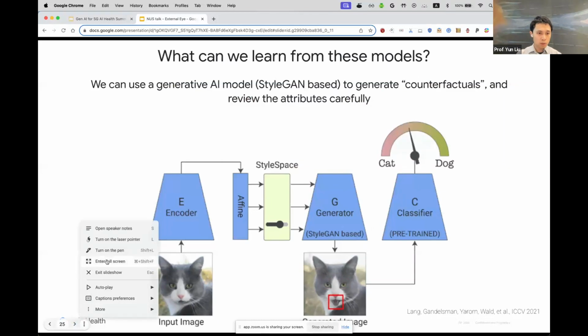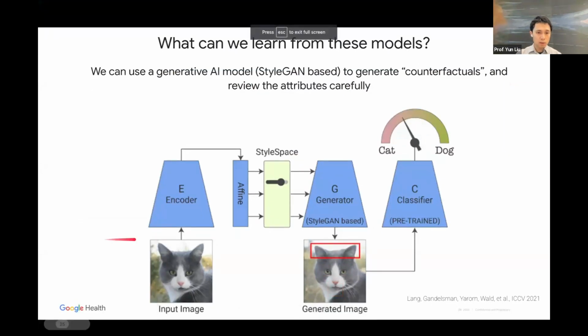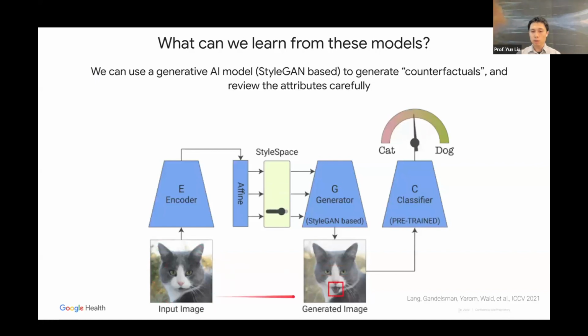The image is coming in to the encoder, and the thing that comes out is the embedding of the model, and the generator is generating an image. Now, in a classical GAN-based approach, two things are happening. One is reconstruction loss, which says the image that you're inputting and the image that is generated should be as similar as possible.